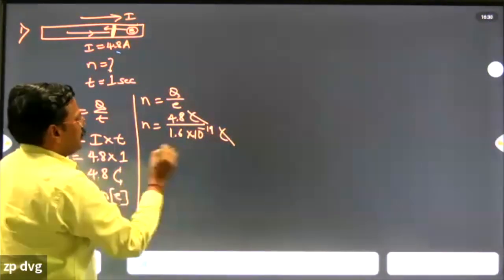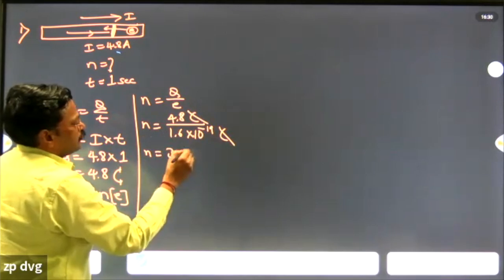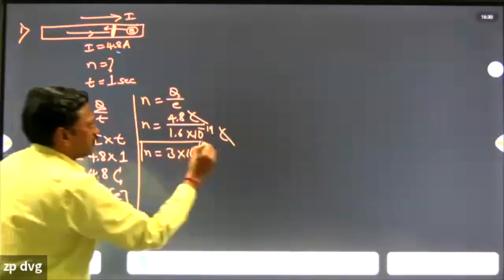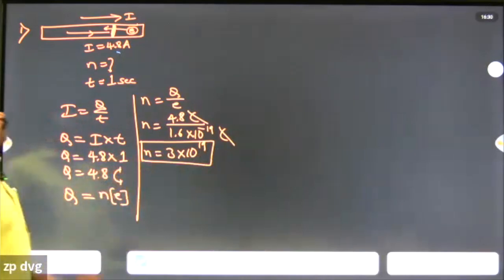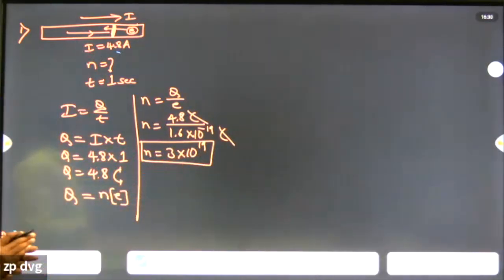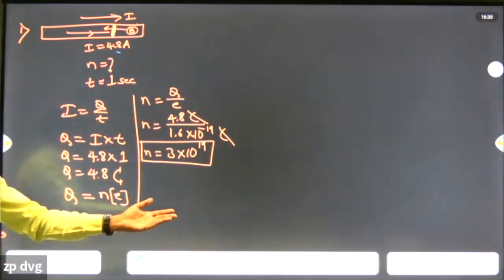So coulomb gets cancelled. You see, this is 3 times 10 power 19. So the number of electrons crossing any section of the conductor for a steady current of 4.8 ampere is 3 into 10 power 19 electrons per second. Every 1 second, this many electrons cross. All right.